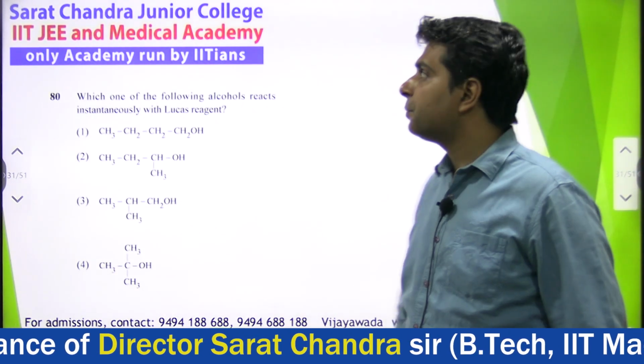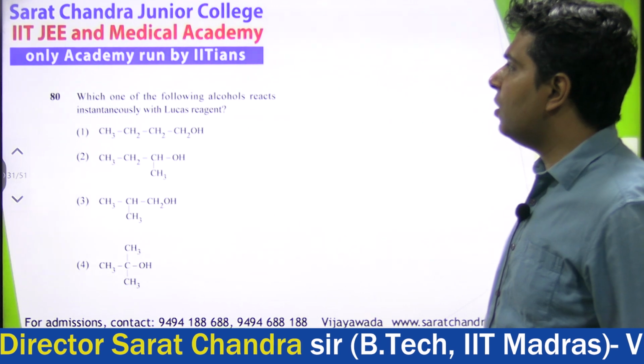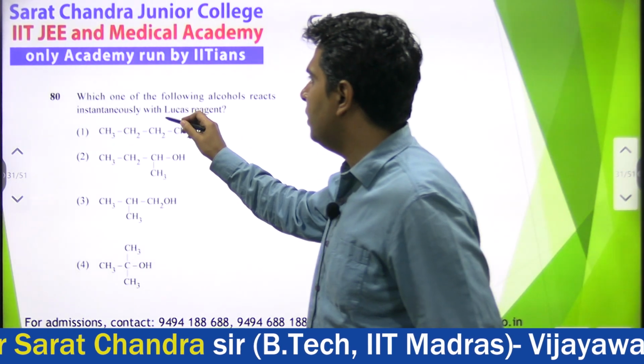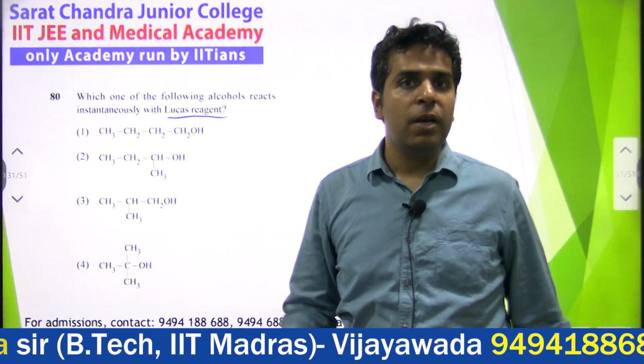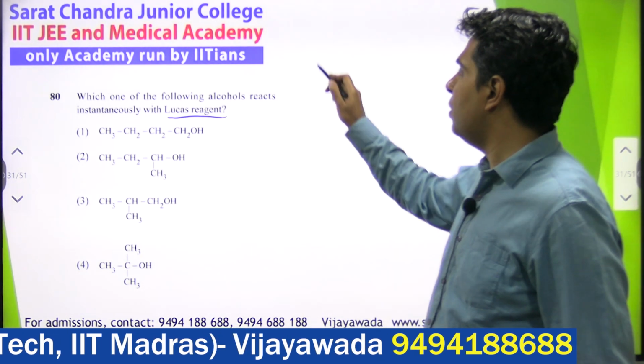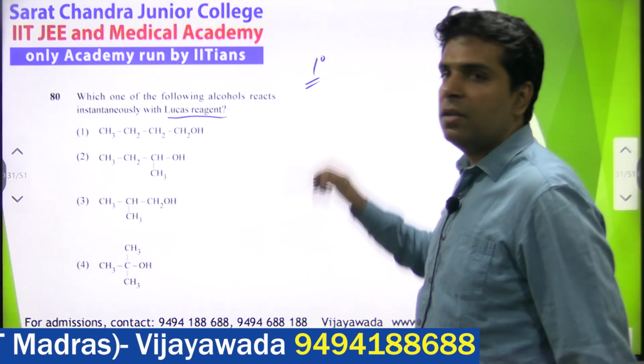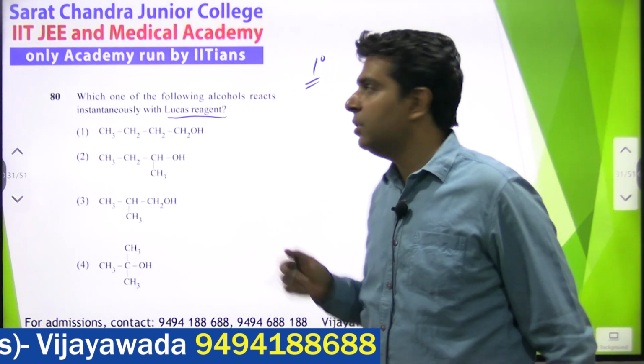Next question. Which of the following alcohols reacts instantaneously with Lucas reagent? So Lucas reagent is the test to distinguish between primary, secondary and tertiary alcohol. Primary alcohol does not react with Lucas reagent.